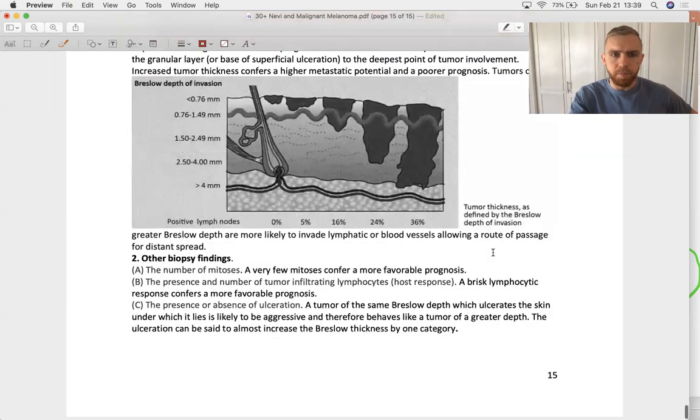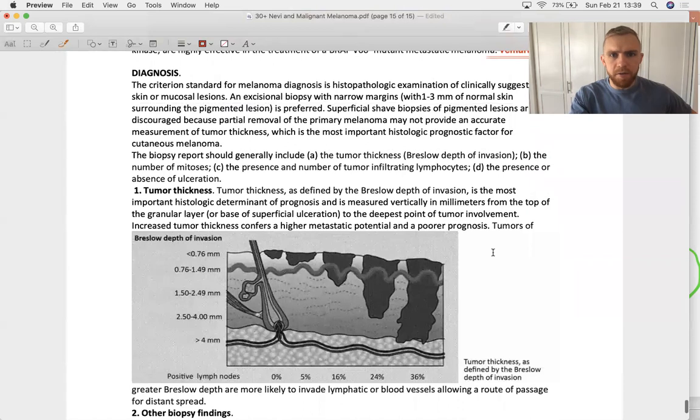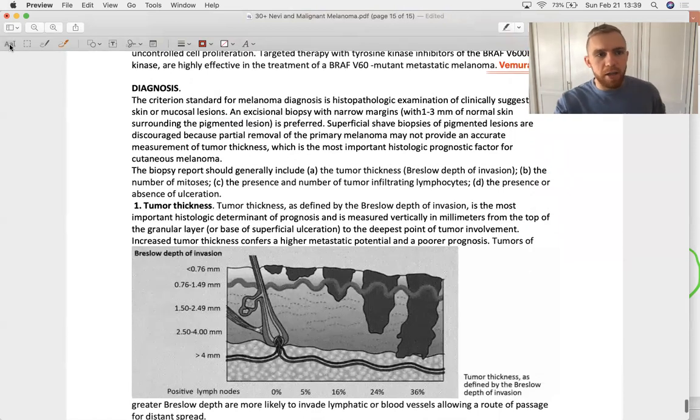And here at the end of this diagnosis, let's talk about this because, again, they love to ask diagnosis questions about melanoma. A lot of people could say, ooh, that's a malignant skin cancer, especially if it's big and bad. But what do you do to confirm? So number one, you take an excisional biopsy with narrow margins. How narrow? 1 to 3 millimeters.